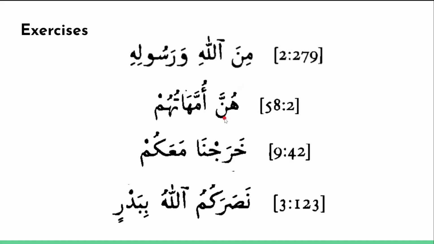Hunna ummuhatuhum. The word ummuhat is the plural of so it means mothers. So what does this whole sentence mean? Try translating this yourself. They are their mothers. So if I was to say this in English, they are their mothers. So let's understand this. Hunna is a group of women. So I'm talking about them.